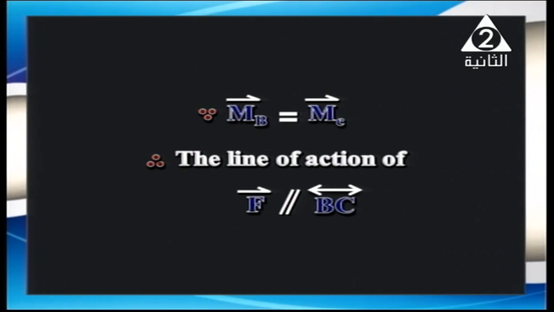Important remark, my dear student: if we prove that the line of action of the force is parallel to BC, we must find the moment about B and the moment about C, and the moment about B must equal the moment about C. Therefore, the line of action of F is parallel to line BC. Number 2, the moment about C equals 9K.